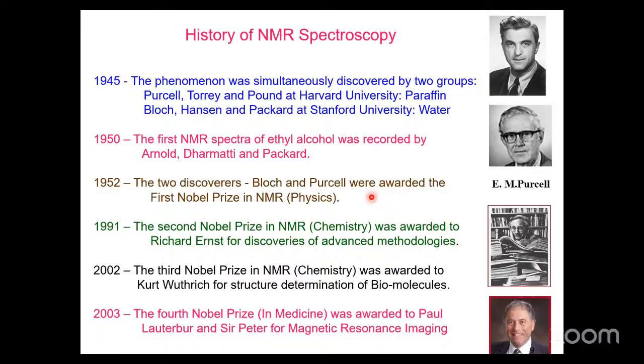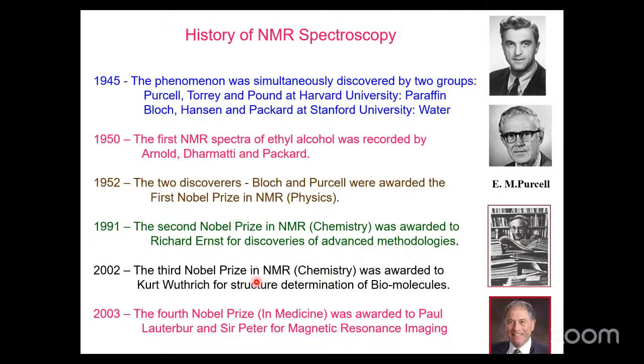In 1991, the second Nobel Prize in NMR was awarded to Richard Ernst from Switzerland, and he discovered a very applied technique, which is the Fourier transform technique. By his addition, we can now use C13 NMR and 2D NMR very frequently.